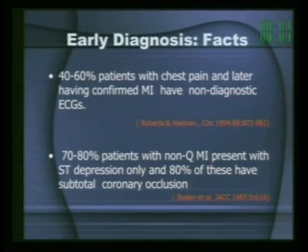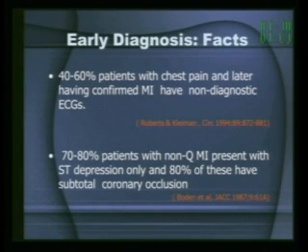It has good diagnostic accuracy for ST elevation MI, but for others, diagnostic accuracy is actually only modest. And almost 3/4 of all patients with non-Q MI present with ST depression only, which may often go unnoticed or unrecognized. And 80% of these patients have been shown to have subtotal coronary occlusion, which can very easily result in more serious complications like ST elevation MI.